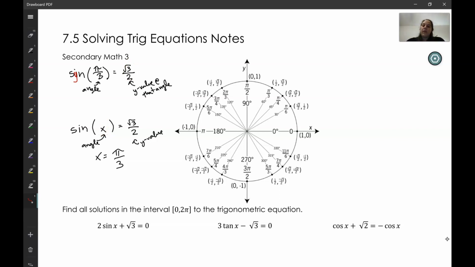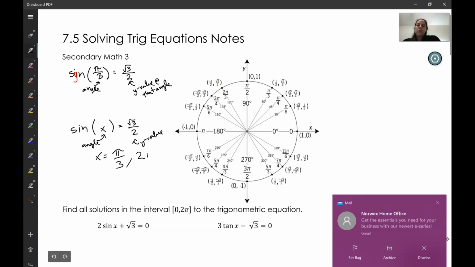Now, the tricky thing about this is that that is not the only answer. There is another angle on the unit circle that has a y value of root 3 over 2. And it's right there. That also has a y value of root 3 over 2. So that means 2 pi thirds is also an answer.